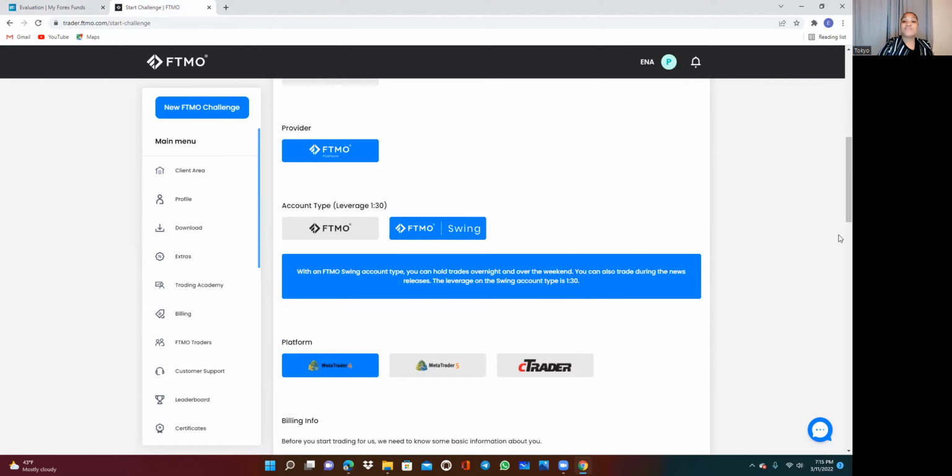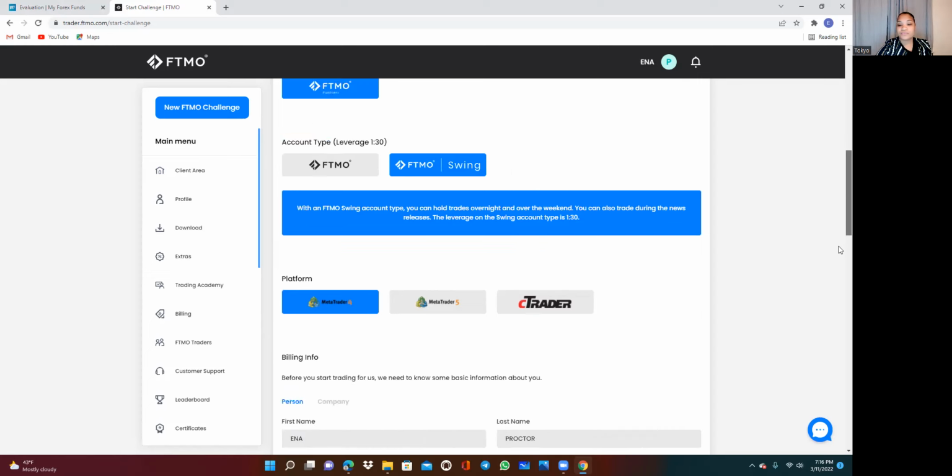If you have a problem passing with the original leverage being 1 to 100, you should absolutely consider the swing because they give you less leverage, and maybe that will help you become more disciplined with your trades.